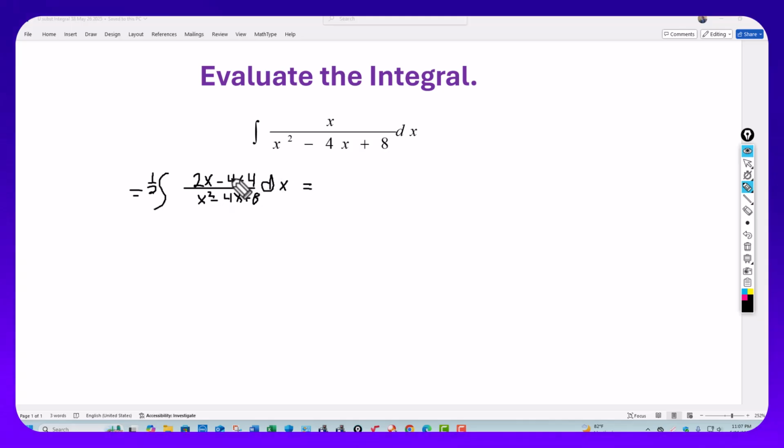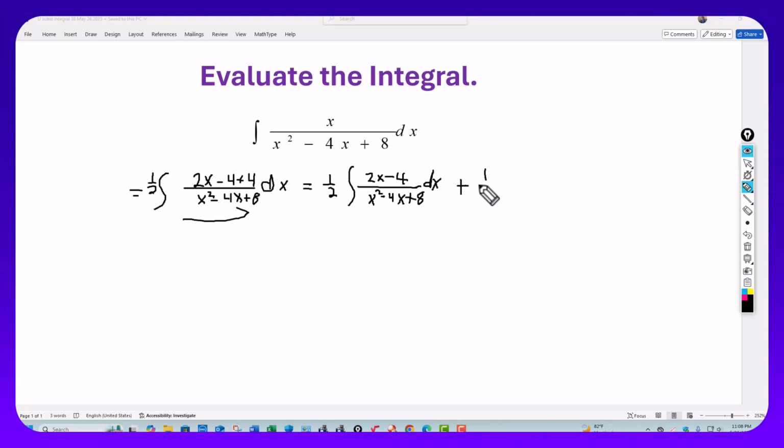And then we're going to break this up into two integrals. So I got the 1/2 still out in front. So I'm going to put the 2x minus 4 together. And that's going to be over the denominator, x squared minus 4x plus 8. Then I got the dx here. And then the other integral will be, plus, again, we're just taking this, breaking it into two integrals.